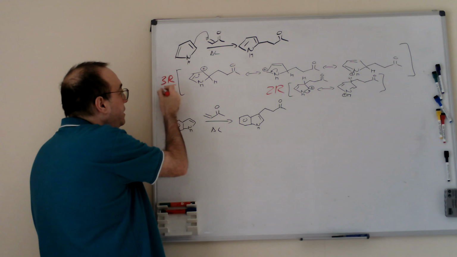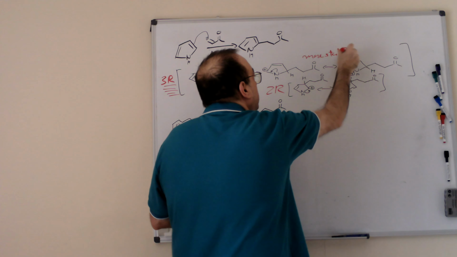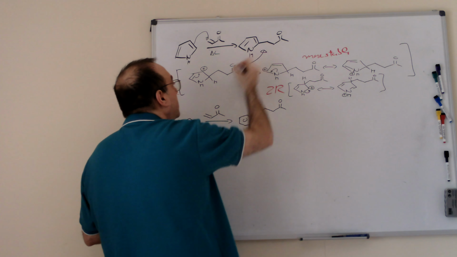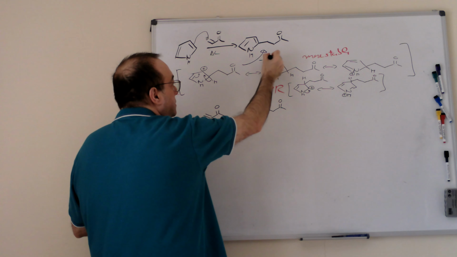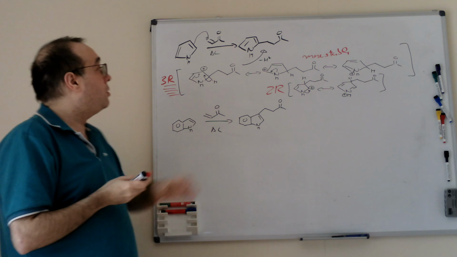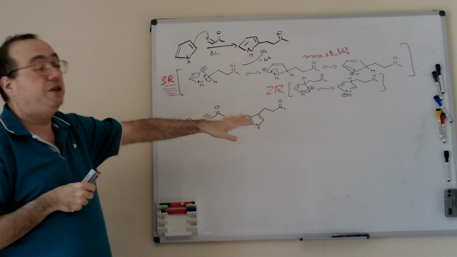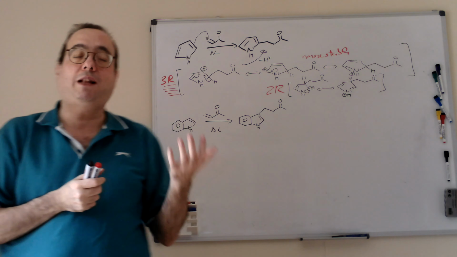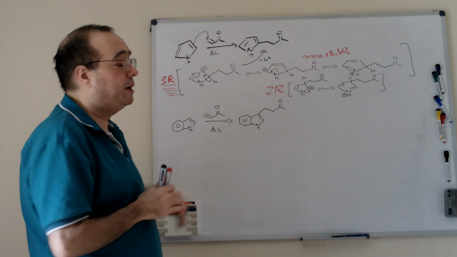That means that C2 will be more stable. And after elimination, we will get the product in C2. This is the reason why the most active position of pyrrole is C2 and not C3, because in C2 we have three resonance structures that stabilize the carbocationic intermediate, while in C3 we only have two.